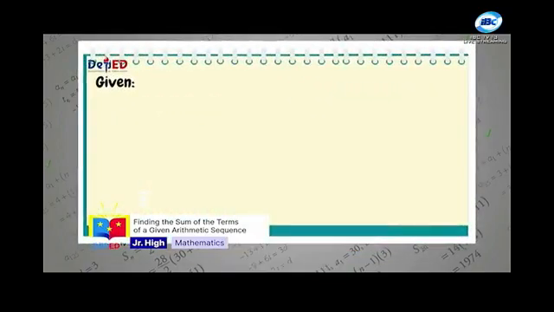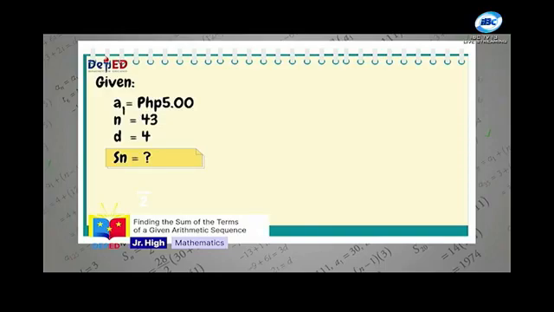From the given problem, we can see that our first term, or a sub 1, is equal to 5 pesos. Our n is equal to 43. The difference is equal to 4. And we're looking for s sub n.